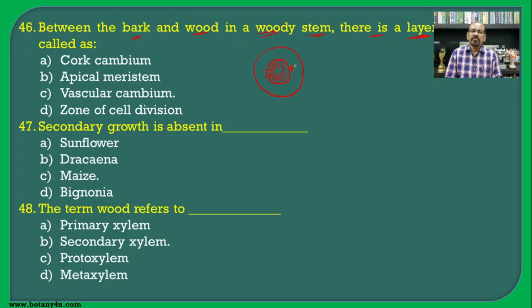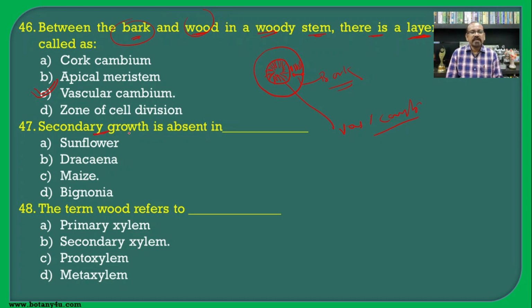Then a few phloem and then the periderm. So this complete part is considered as the bark. Between the bark and wood there is a presence of vascular cambium, and hence it becomes the answer for this question.